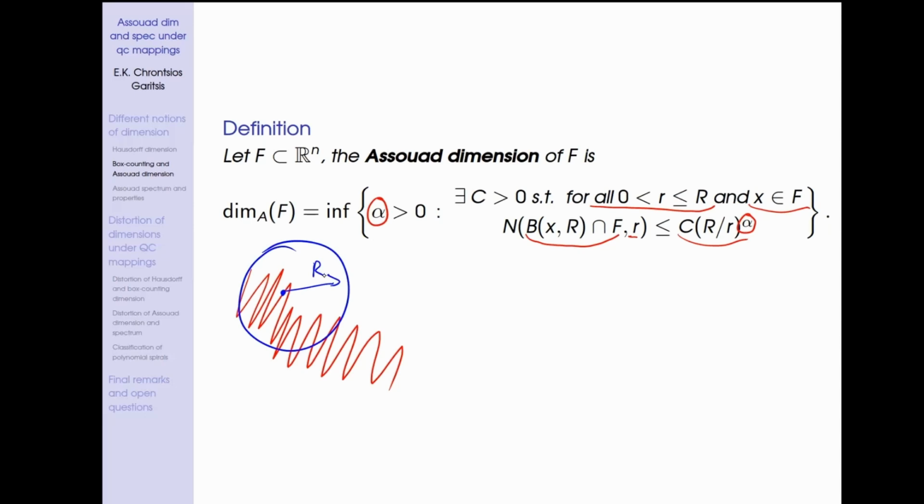So for example, if you have a set like the spiral for some big a that accumulates very fast around 0, if you start taking R smaller and smaller, you will eventually see the spiral accumulating slower and slower in a way, right? And that would be as if we are zooming in at 0.